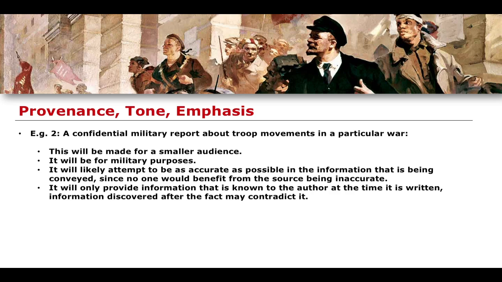Now, as a sort of spoiler alert for those who want to go on to study history at university or something, things like a confidential military report or internal documents or documents to politicians that explain things and events that are going on, these are seen as sort of the gold standard for historians because they represent the facts as accurately as possible as they are seen and perceived by the people that are writing the reports.